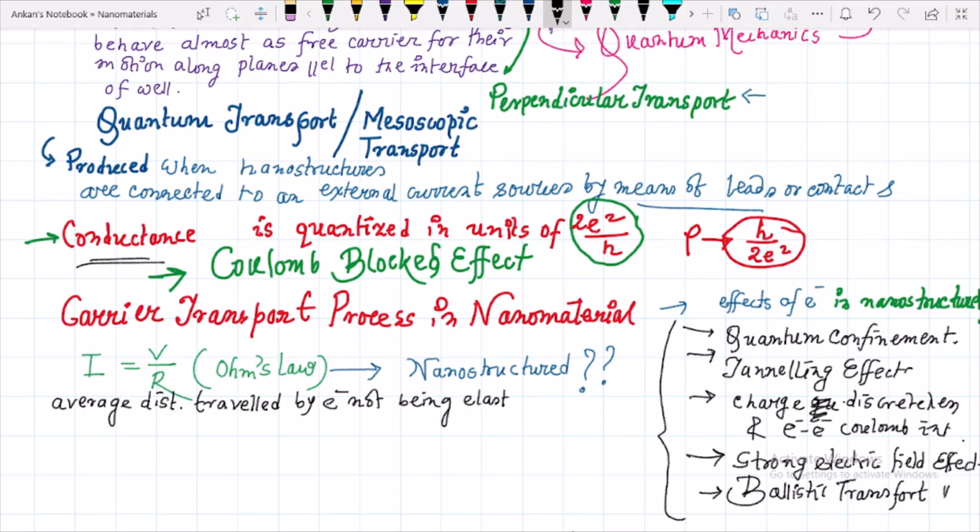The average distance traveled by the electron inside the conductor, obviously a nanostructure material conductor, where the electrons are not elastically scattered, is known as L_E, that is, the elastic scattering distance. You can also call L_E the elastic mean free length.